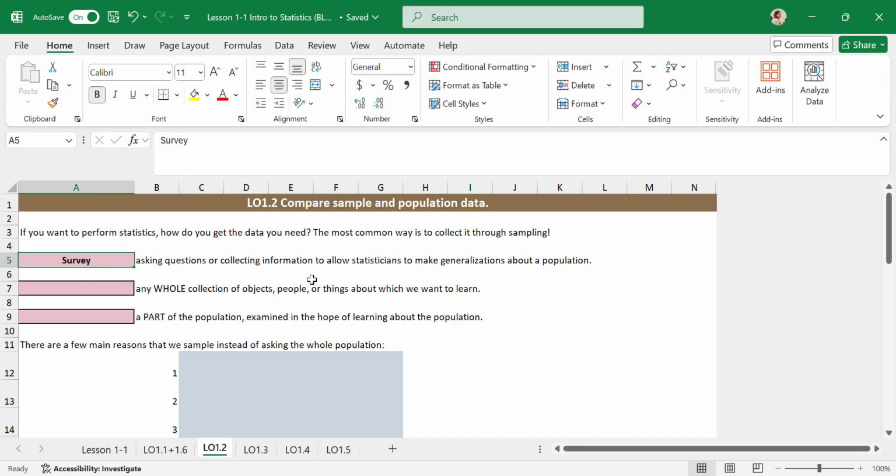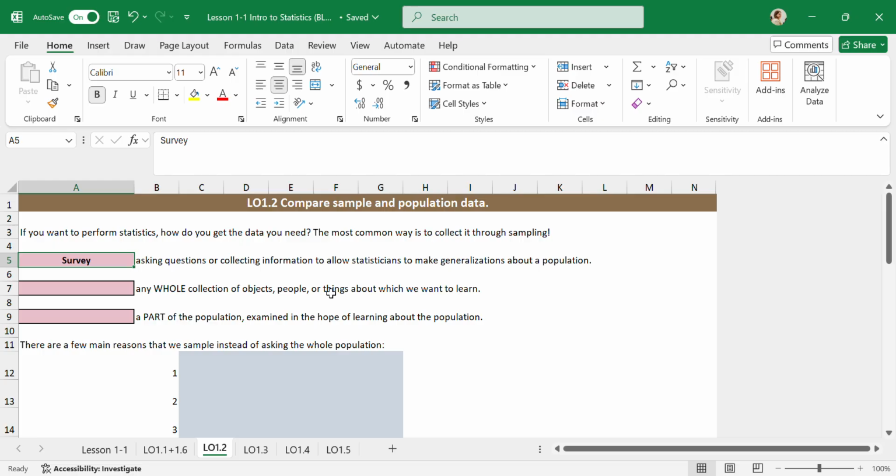So in the study of statistics, we call the survey the name for how you'll ask people questions to collect information. So you've probably completed lots of surveys in your life, even when you go and make a purchase, like at a grocery store. A lot of the time now you'll find a QR code at the bottom that will say like, please fill this in to let us know how we did today, and you'll have a chance to win a gift card.